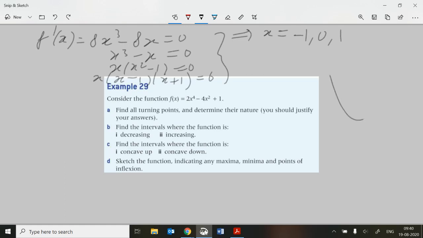Okay, so we also know that positive quartics can look like this. But when it's got other terms involved, then it's likely to look like the W. Okay, so positive quartics look like this, negative quartics look like this when the leading coefficient is negative, and sometimes quartics look like this, and sometimes quartics can look like, let's try and draw this one out.